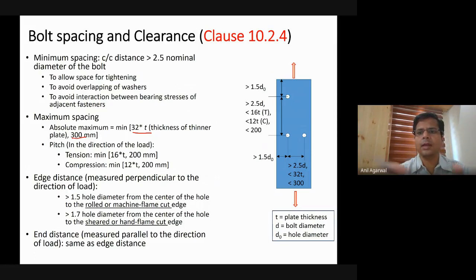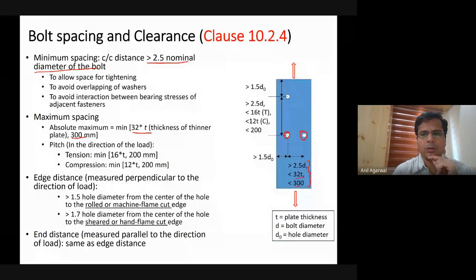And that was in any direction, so that could be in the direction perpendicular to the loading direction. For example, the spacing between this bolt and this bolt should be less than 32 T or 300, whichever is less. But it should also be greater than 2.5 D, which is specified here. And D is actually the bolt diameter.